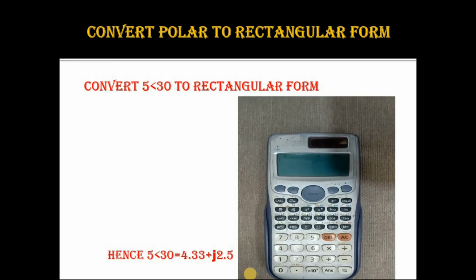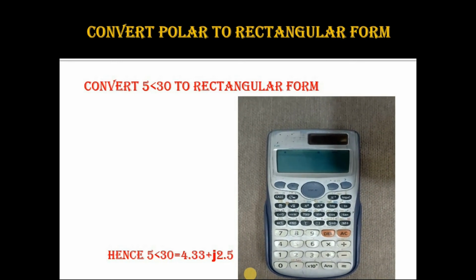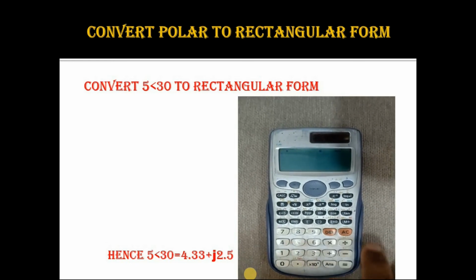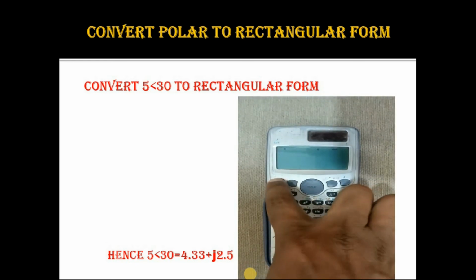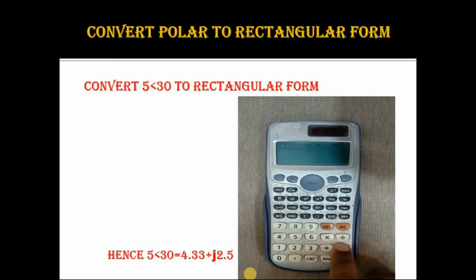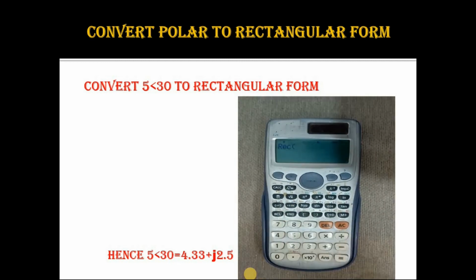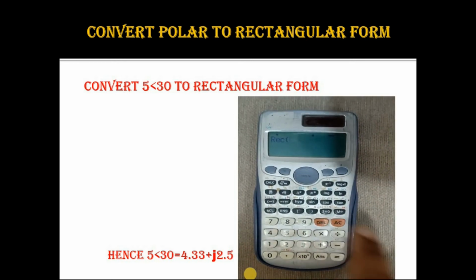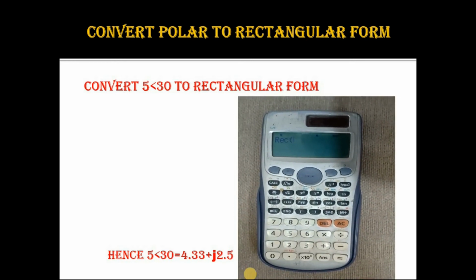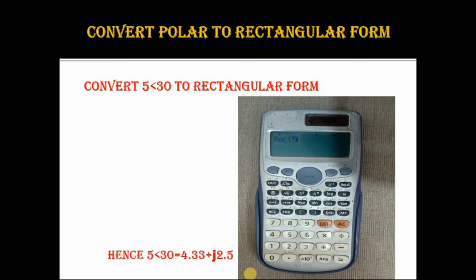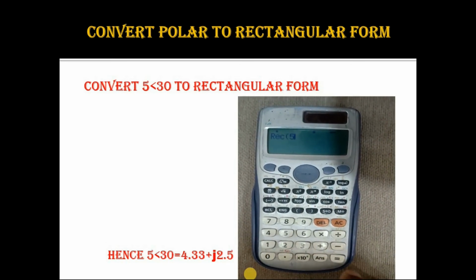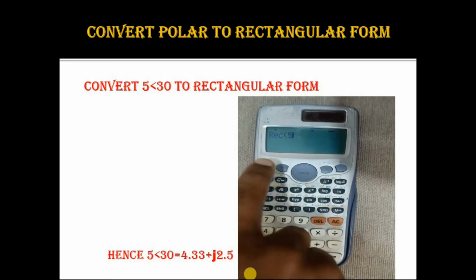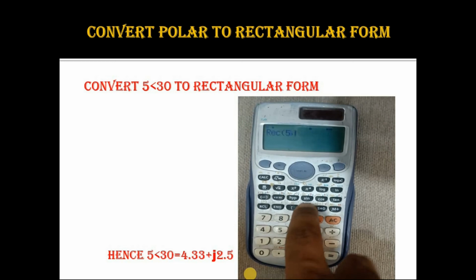Then the rectangular conversion function is above this minus sign. So we have to use shift minus. I have pressed shift followed by minus. That gives rectangular of in the display. Now 5, then comma. That comma is above this closing bracket. So shift closing bracket.